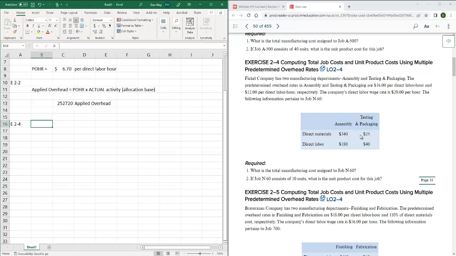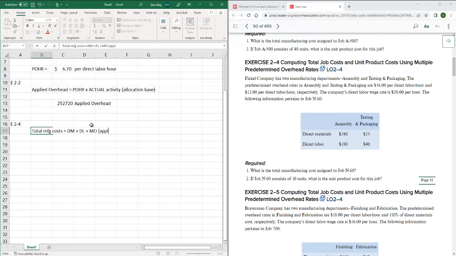We've got direct materials costs assigned and direct labor as well. So the first thing we want to figure out is what's the total manufacturing cost assigned to job N60. So total manufacturing costs are always going to be made up of our direct materials, our direct labor, and then that manufacturing overhead.